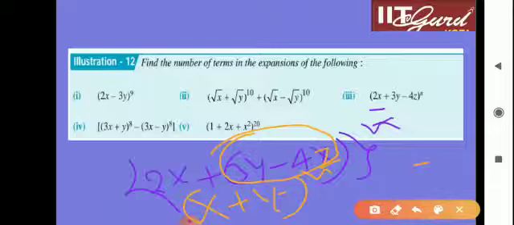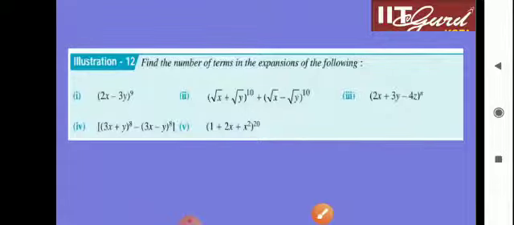Let me note this down. One term is nC0, 2x to the whole power n, and 3y minus 4z to the power 0. Another term is nC1, 2x to the power n minus 1, and 3y minus 4z to the power 1.